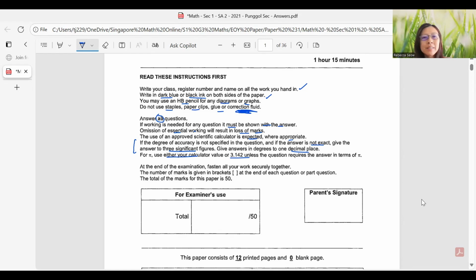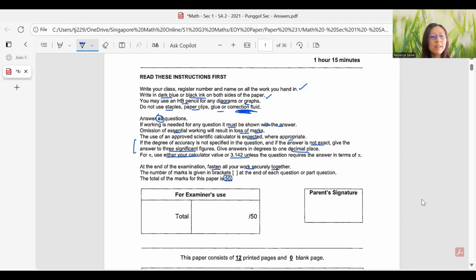Now, at the end of the examination, fasten all your work securely together. The number of marks given in brackets is at the end of each question or part question, and the total marks for this paper is 50. Now, do take note that different schools may actually set their papers for secondary 1 and 2 quite differently depending on the format.